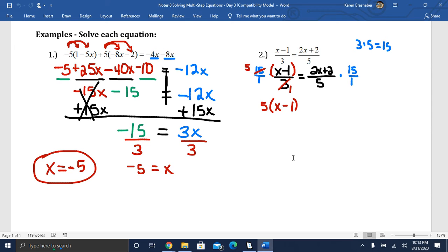On the other side of my equal sign, I can cancel. So 5 goes into itself once, and 5 divides into 15 3 times. I again need to put a parentheses so that I'll remember to distribute, and so I'll be taking 2x plus 2 and multiplying that by the 3.